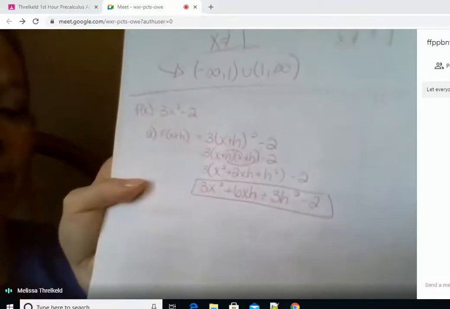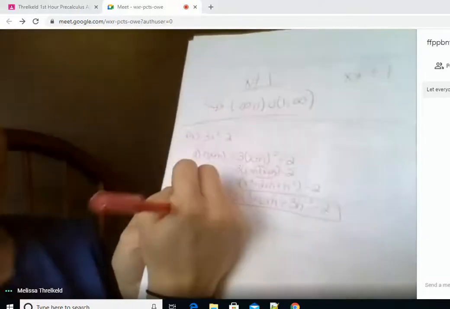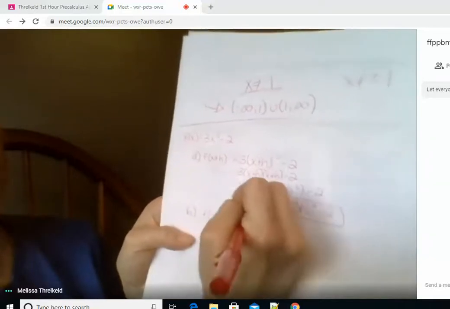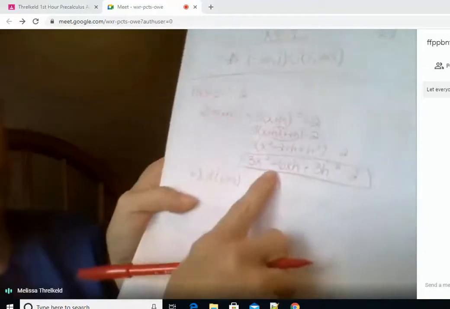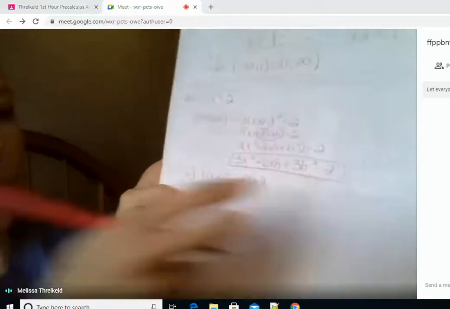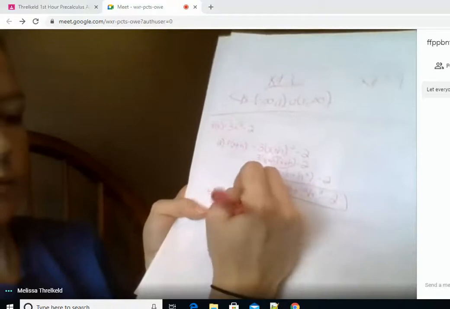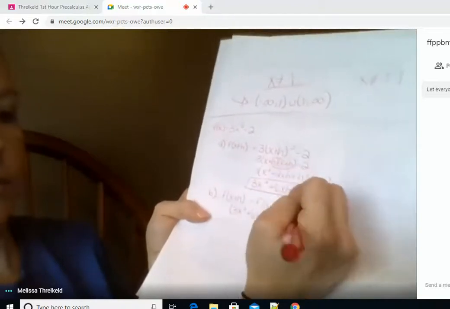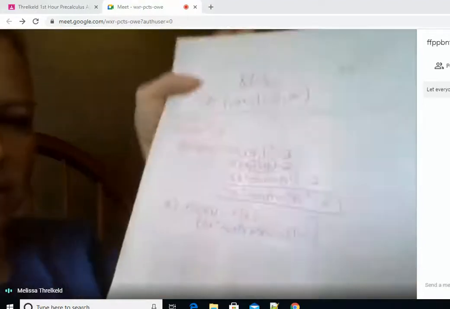That's going to be your ugliest answer. From here, it should get cleaner every time. So then the second thing I would say is find f of x plus h minus f of x. So f of x plus h is the answer we just got. Minus, what's f of x?